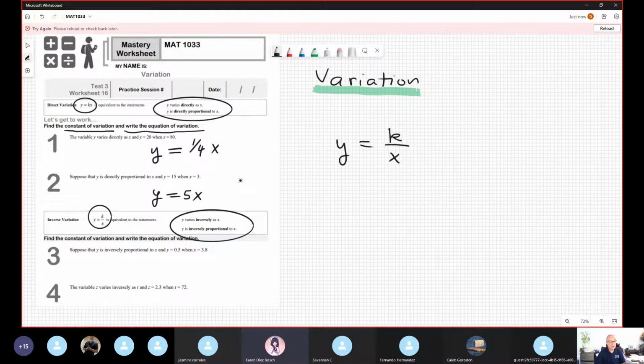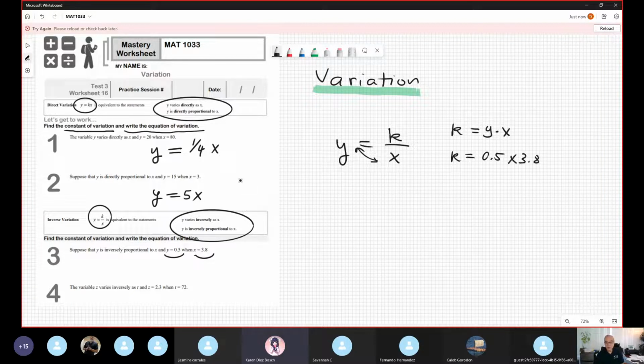Let me try. To find the constant of proportion, it's a different operation, because you apply cross multiplication here. So k is y times x. Y is 0.5 and x is 3.8.